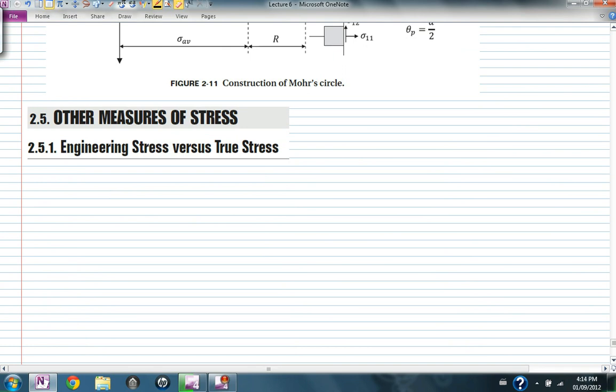And basically these concepts originated when, in the past, they would take a piece of metal to the lab and apply a force P and draw P versus delta, where delta is the displacement of this material. They would get a curve that looks like this.